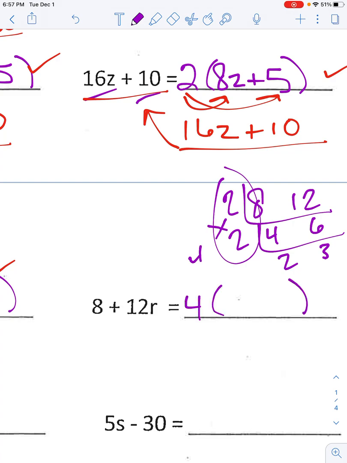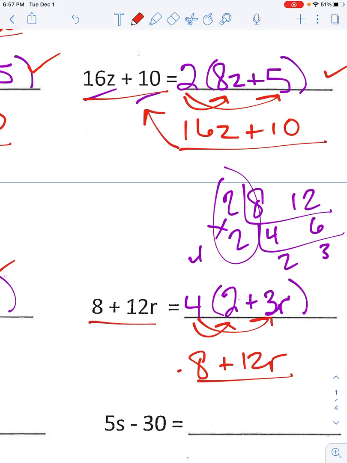So pull a 4 out. 8 divided by 4 is 2. 12 divided by 4 is 3r. Distribute. 4 times 2 is 8. 4 times a 3r is 12r. This matches this. I know I factored it correctly.